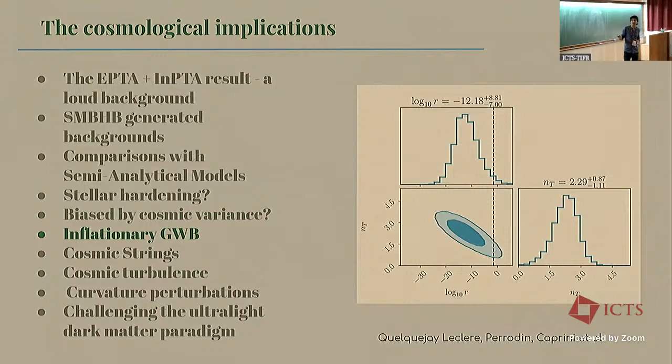If we consider inflationary gravitational wave backgrounds, we find somewhat constraining results, but the maximum likelihood values are a little bit in tension with a slow roll inflation model. So that needs to be factored in when you look at this result, and we say that in the paper.